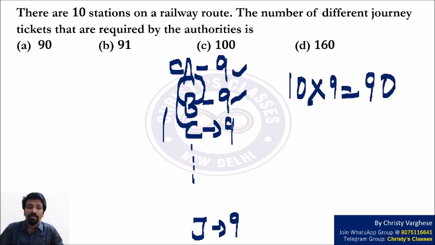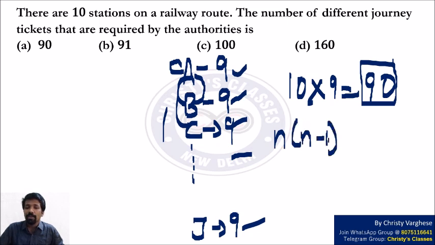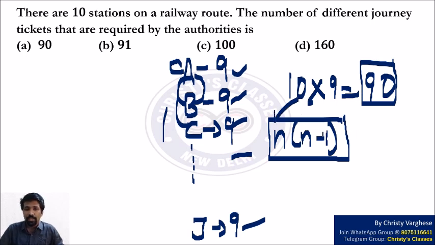Or 9 plus 9 added 10 times is 10 into 9, 90. Or here also we can say n into n minus 1. If you are not okay with the permutation formula, this is the easy way. If n stations are there, every station has n minus 1 tickets to be issued. So n into n minus 1 tickets totally.